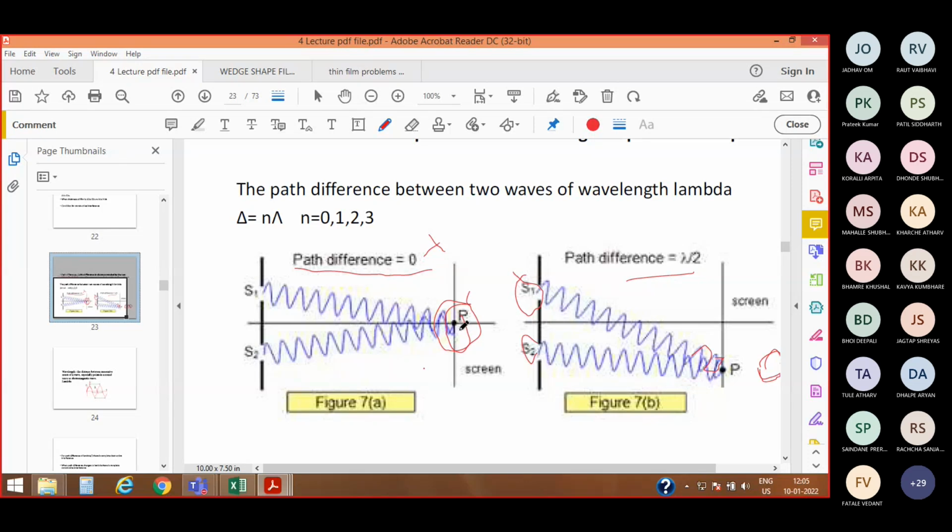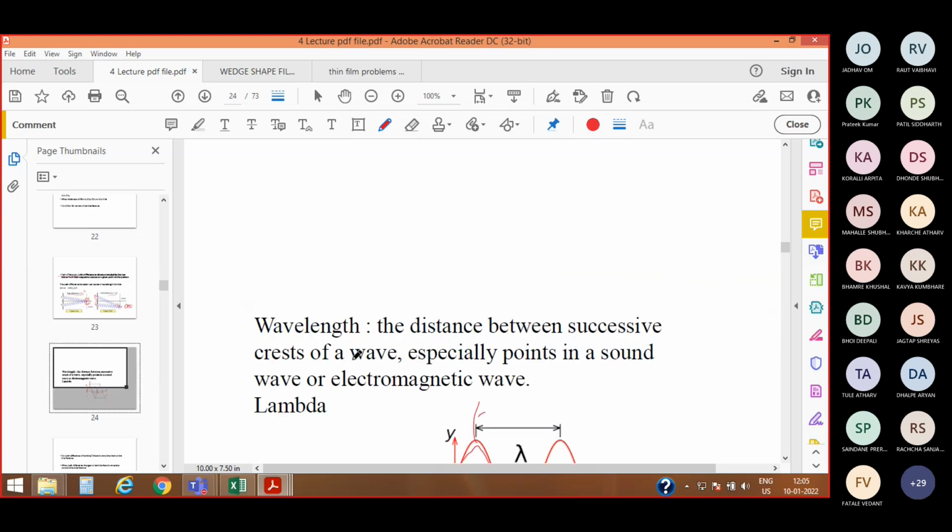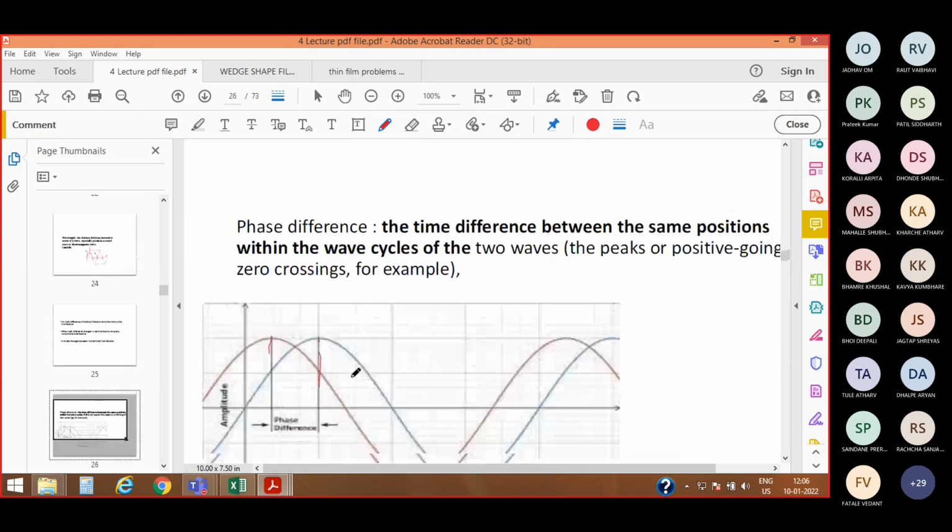When both the waves are superimposed with equal amplitude and frequency, you will get the bright light. Constructive or destructive interference happens when they are out of phase. If both are out of phase, then at that point you will get the darkness or dark line. Now any question?